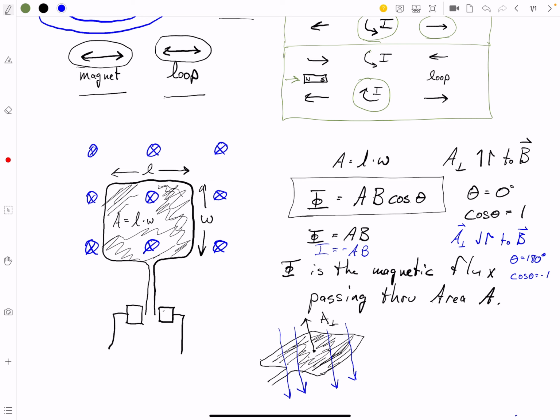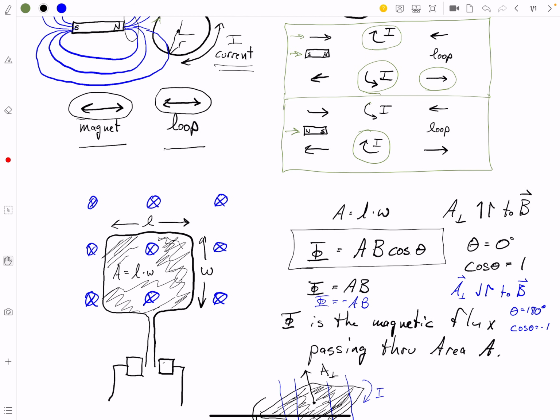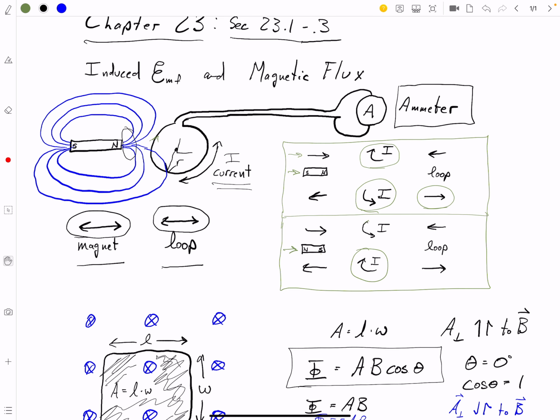What that means is the current is just going to flow the opposite direction. Okay, so in one situation, your current flows to the right, and in the other situation, your current flows to the left, depending on whether the magnetic flux is growing or dropping. So can we come back here for a minute? So here's the thing.